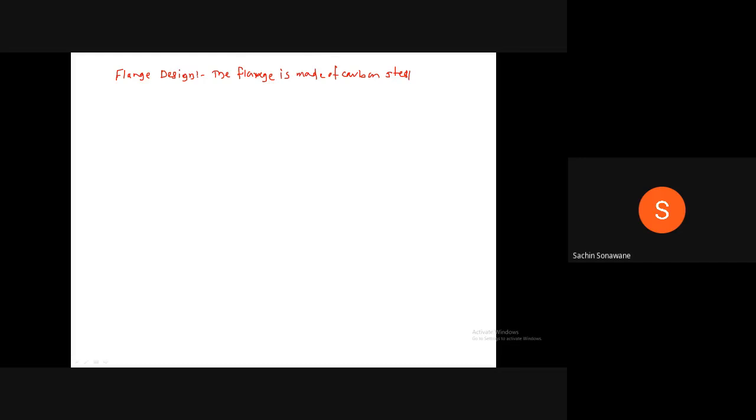Flange is made of carbon steel with a stainless steel lining.